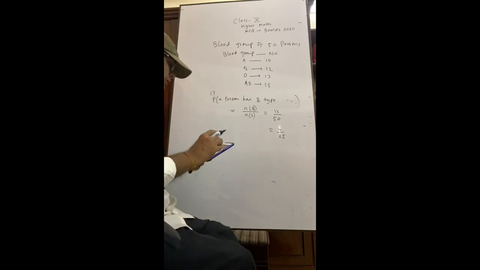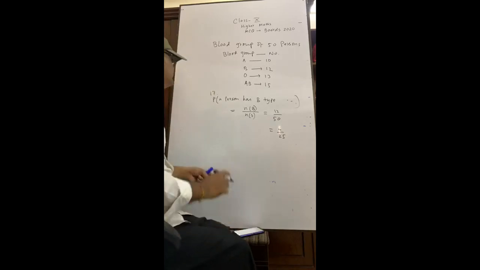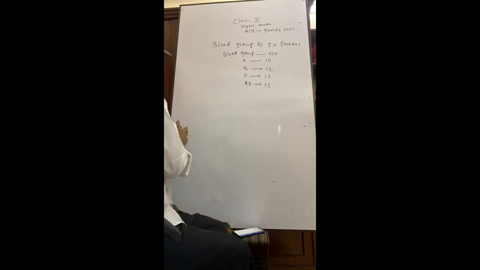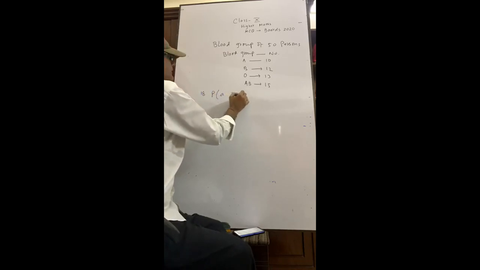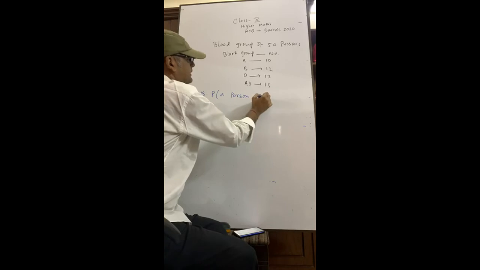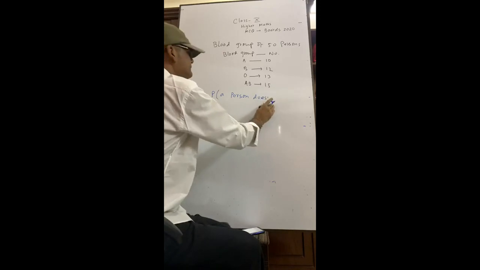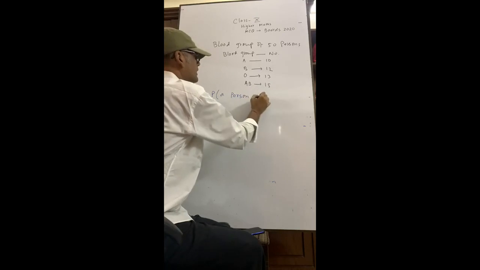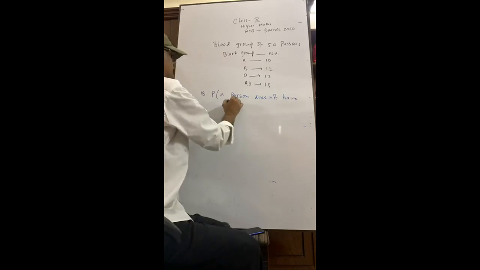Okay. Now next question, number 18. What is the probability that a person does not have AB group?